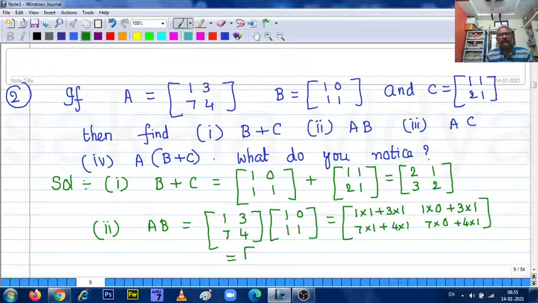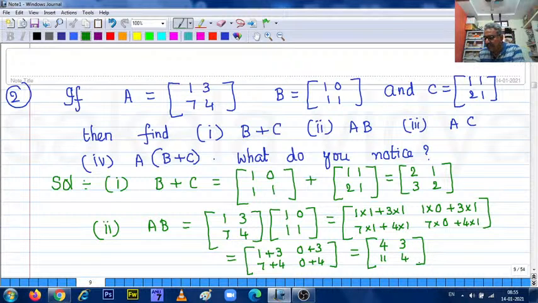So this equals 1 plus 3, 0 plus 3, 7 plus 4, 0 plus 4. This equals 4, 3, 11, 4. This is AB.